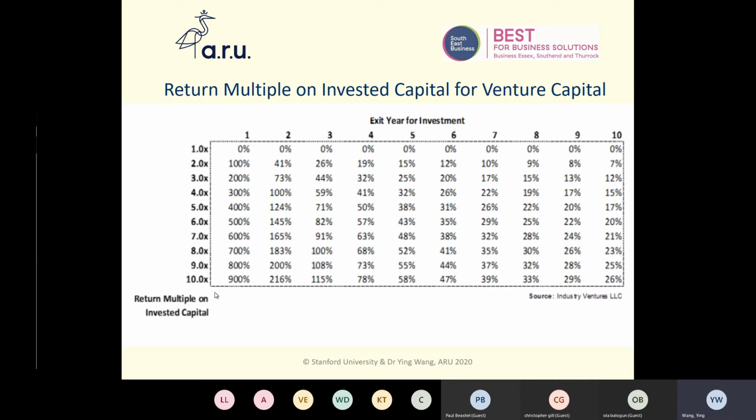The vertical axis is the return multiple on invested capital. So if it's 3 years, and they seek to get 3 times the initial investment back when they exit the business, the annual return could be 44%. And you see here, for 3 years and 10 times, that is a 115% return.